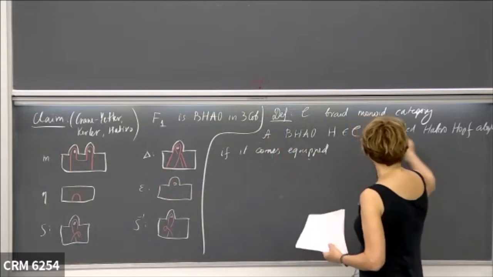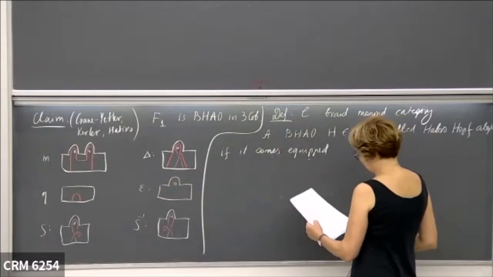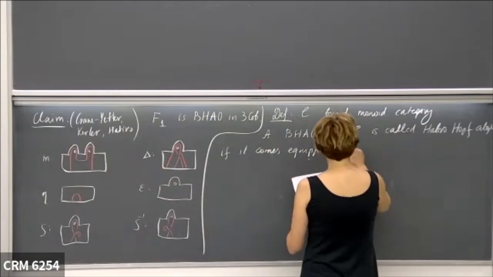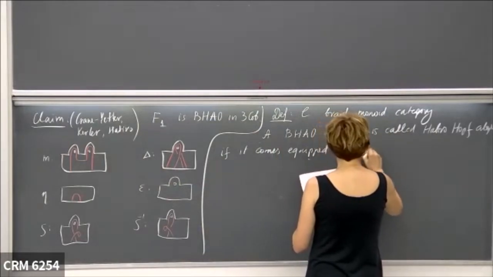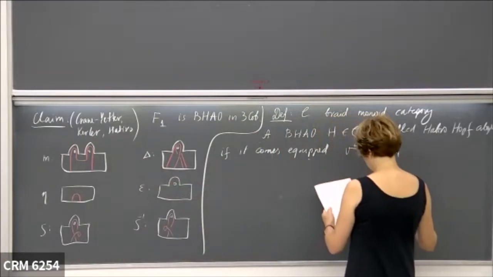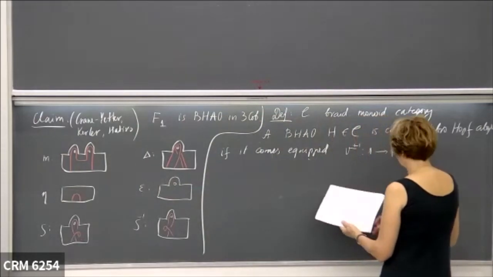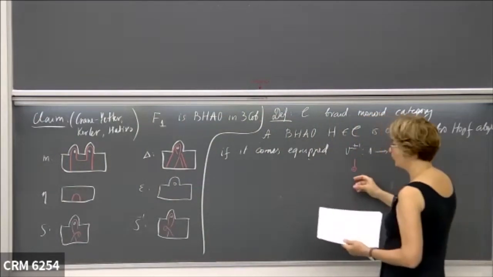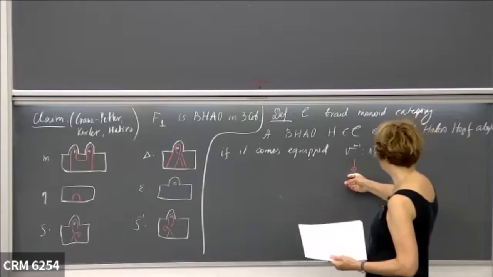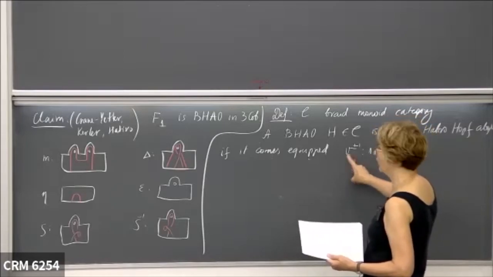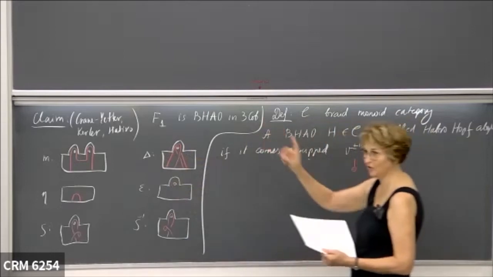So this Habiro algebra comes first of all with the even element, which goes from 1 to h. Don't confuse this with the antipode: this goes from 1 to h, and the antipode goes from h to h.